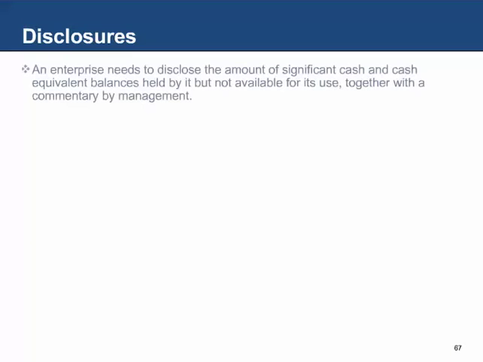So under the disclosures, an enterprise needs to disclose the amount of significant cash and cash equivalent balances held by it but not available for its use, together with a commentary by management. Thus there might be a lot of cash and cash equivalents which might be on lien.